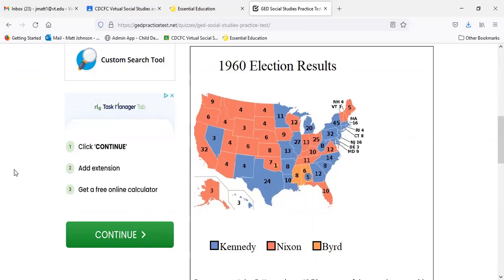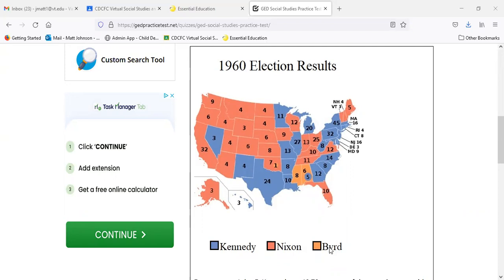JFK, of course, Nixon, and that can't be Robert Byrd. I'm just curious. So what we have there are the electoral votes. We talked about electoral votes, right?